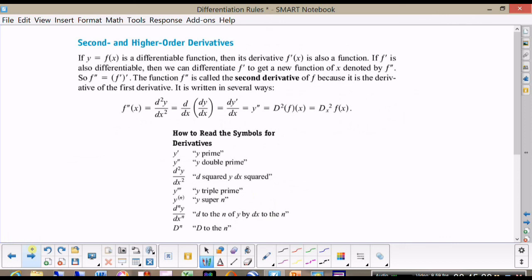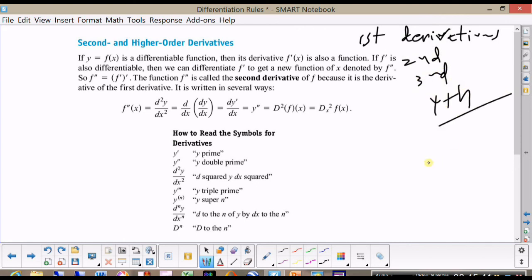And the last thing we're going to talk about is that you can not only have first derivatives, but you can have second, third, fourth, and you can keep on taking derivatives.